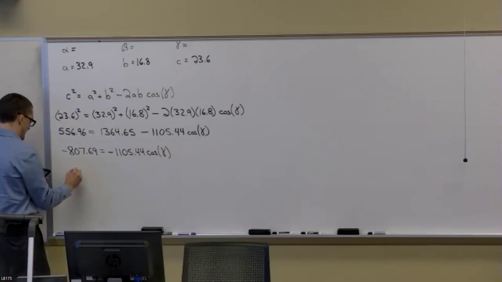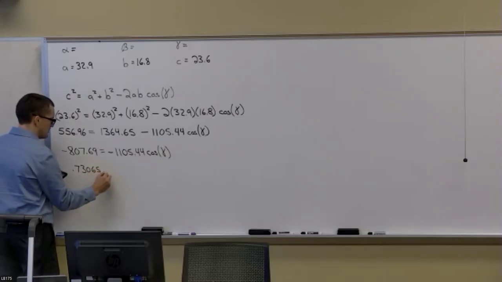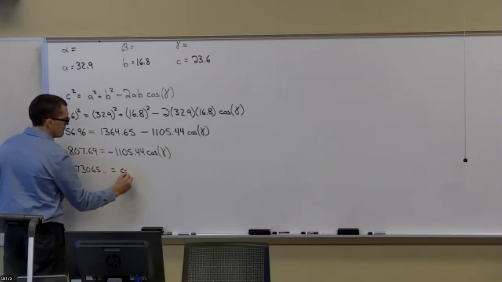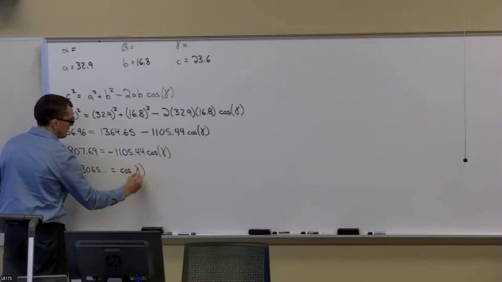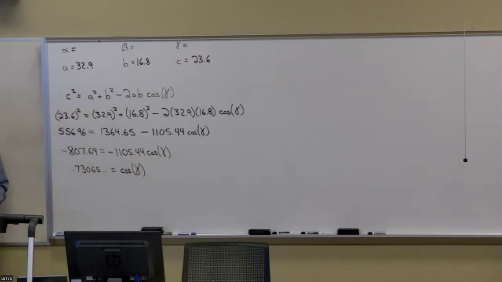That gives 0.73065, blah, blah, blah, is the cosine of gamma. Everybody see where I'm getting that? Dividing both sides by 1105.44.